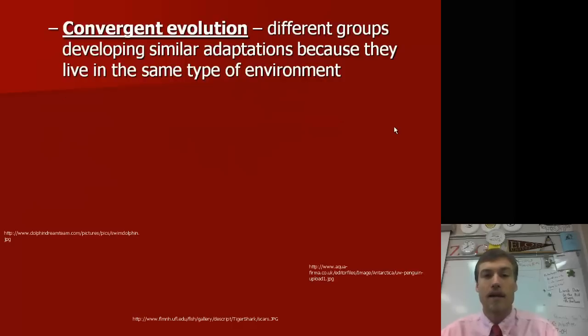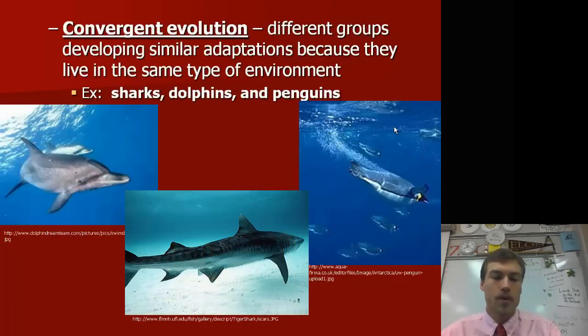We also can have convergent evolution, so we just kind of talked about speciation producing different species. We can also have different groups developing similar adaptations because they live in the same type of environment. So a great example of this is the ocean, right? So we've got dolphins, sharks, and penguins, right? They all kind of live in the ocean, or at least spend a majority of their time in the ocean. In the case of penguins, they do a lot of swimming in there, hunting, that kind of thing.